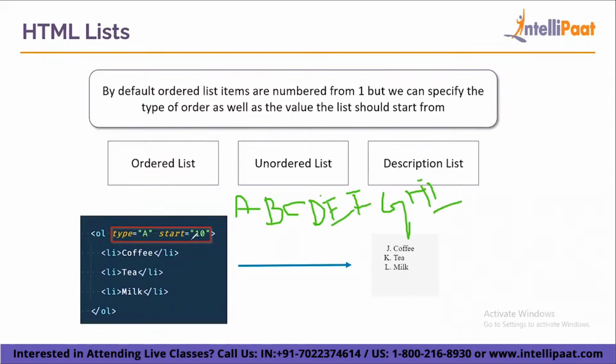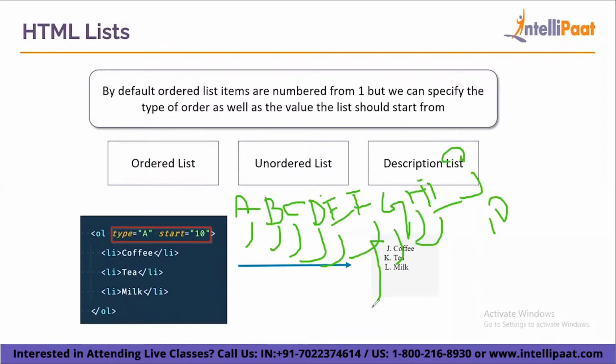Now I'm saying start from 10. So it will count 1, 2, 3, 4, 5, 6, 7, 8, 9, and J is 10.